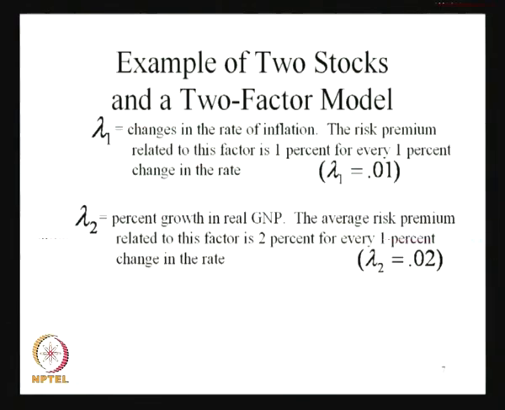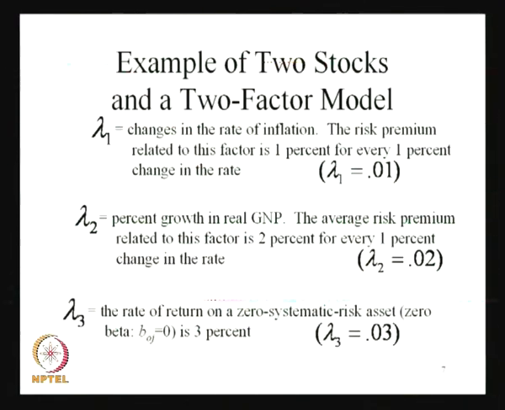Take the example of a two factor model. Let lambda 1 be the change in the rate of inflation. The risk premium related to this factor is 1% for every 1% change in the rate, that means lambda 1 is equal to 0.01. Let lambda 2 be the percentage growth in the real GNP; the average risk premium related to this factor is 2%, that means for every 1% change in the rate, there is a 2% increase in risk premium, that is why lambda 2 is equal to 0.02.